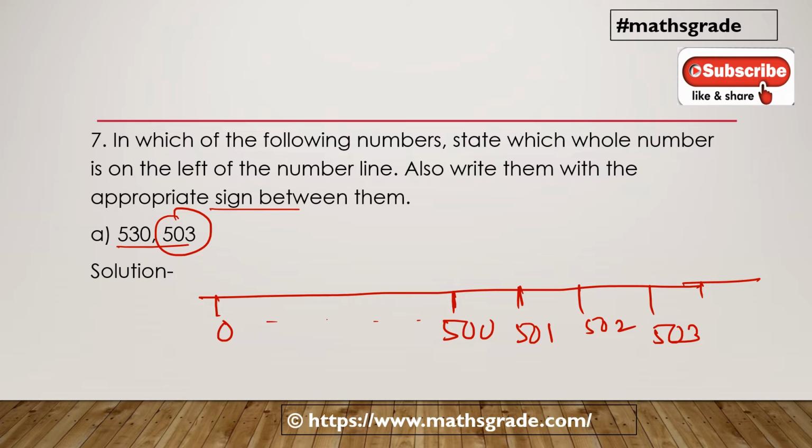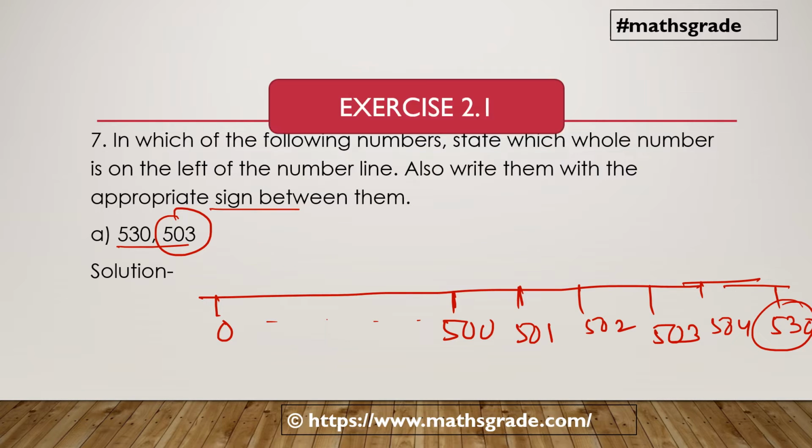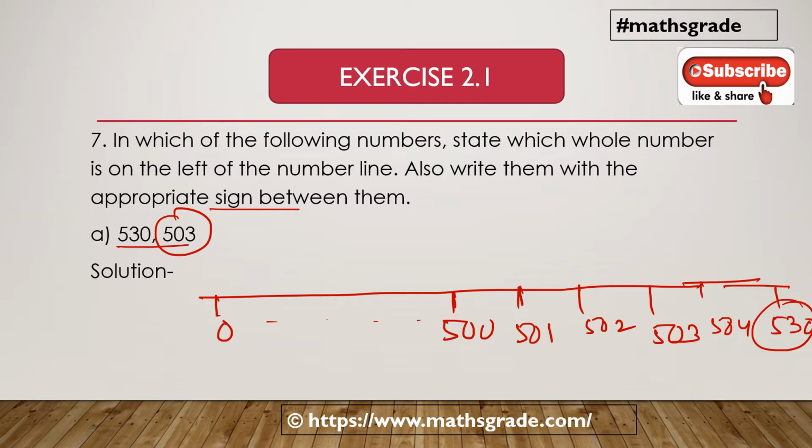We know 0 is a smaller number than 3. So first we have to write 503 on the number line on the left hand side, then 504 like this, and this is 500. Suppose this is 530. So 530 is the bigger number than 503. So 503 is the smaller number and 530 is the bigger number, and 503 is on the left hand side.